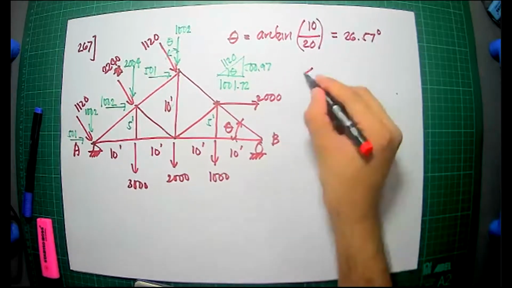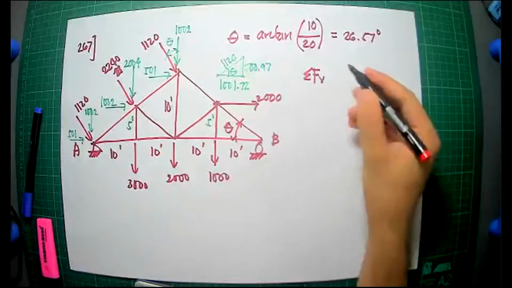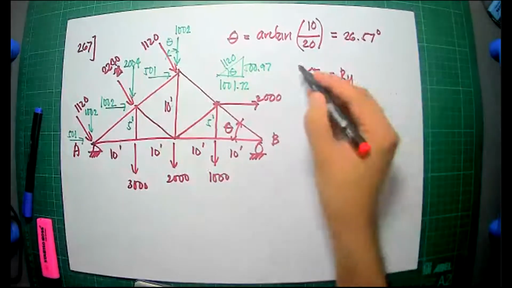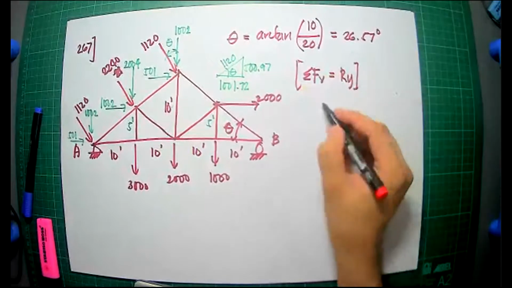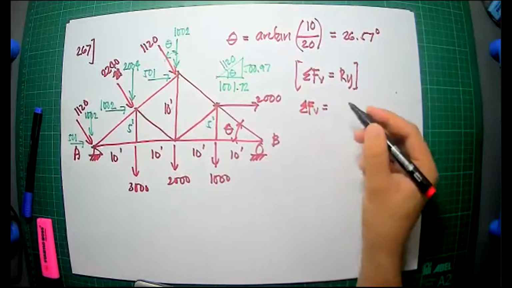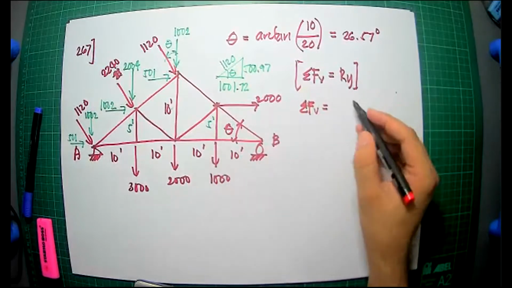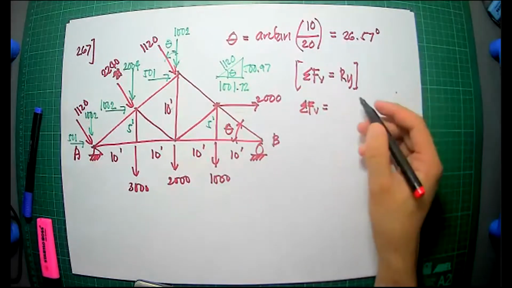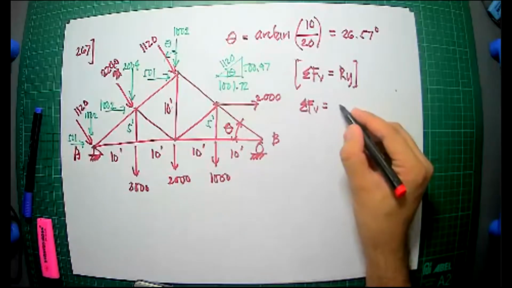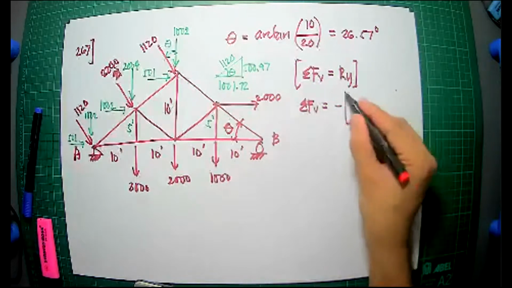So summation of forces vertical, okay, is equal to Ry. So ano ning mga summation of forces vertical? We need all the upward and downward, no? So halos tanan downward. So negative na tanan. Tamara na ko magsulat sa negative.